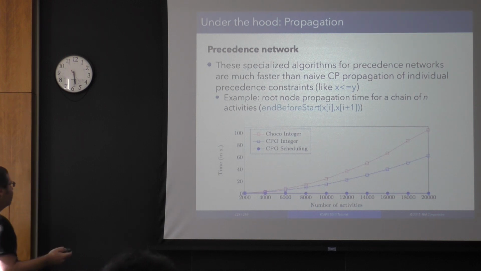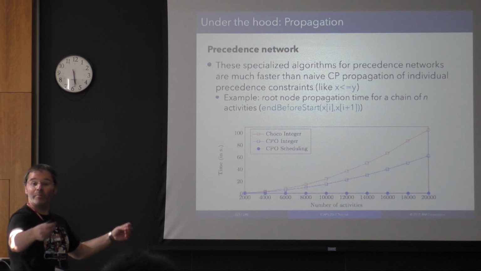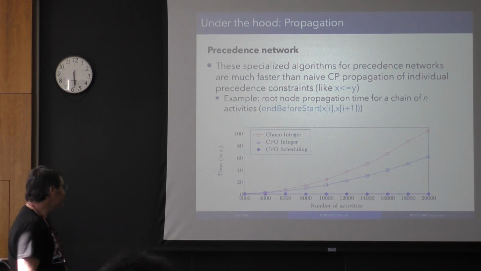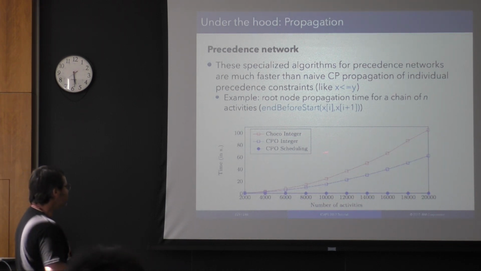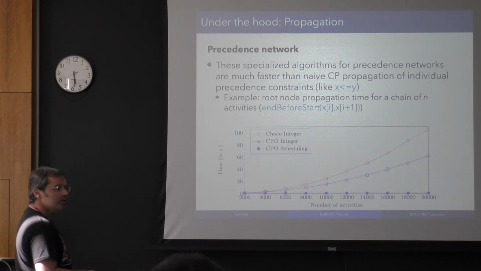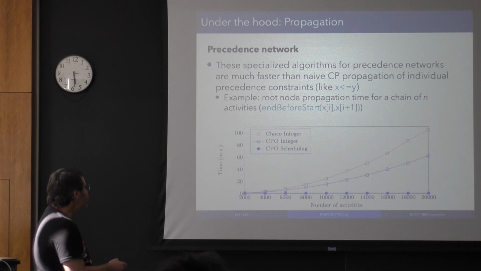I looked at what happens at the root node, the initial propagation of this. This is the number of activities in the chain, and this is the time it takes to perform initial propagation. If you're not doing anything special, you just perform local propagation of these little constraints.